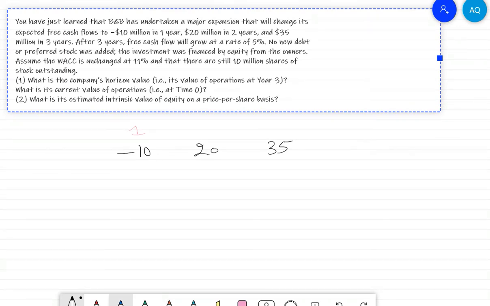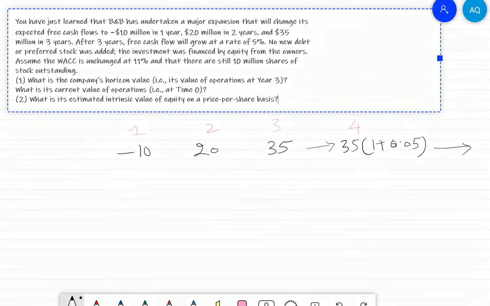So if we want to calculate the fourth year, that will be 35 times 1 plus 0.05, and this will be forever from the third year onward.